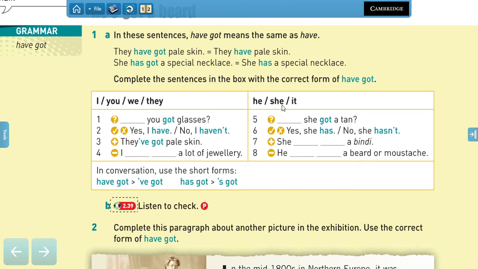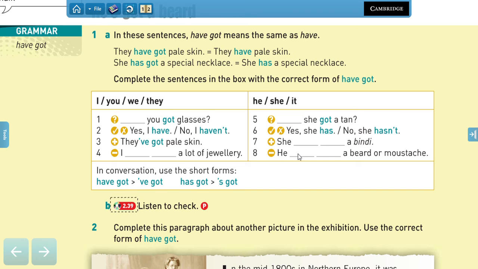For he, she, it, we use the verb has. So we say, has she got a tan? Yes, she has. No, she hasn't. She's got a bindi, or she has got a bindi.